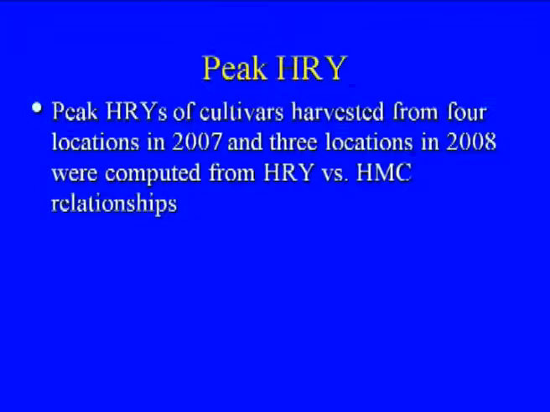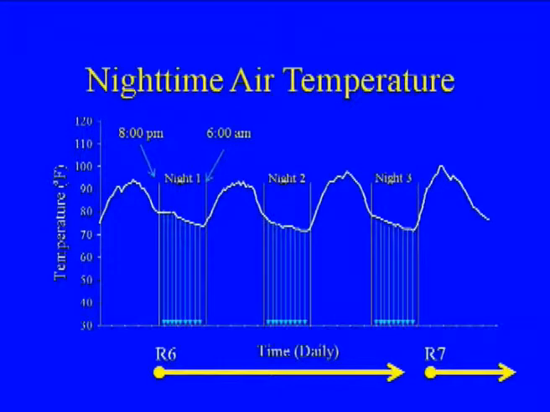Now, here's something a little different that we've done in an analysis that one of the co-authors, Dr. Salih, looked at. We plotted the temperatures during the days of each growth stage. But in particular, we looked at the R6 stage, and we started to look at the nighttime air temperatures.